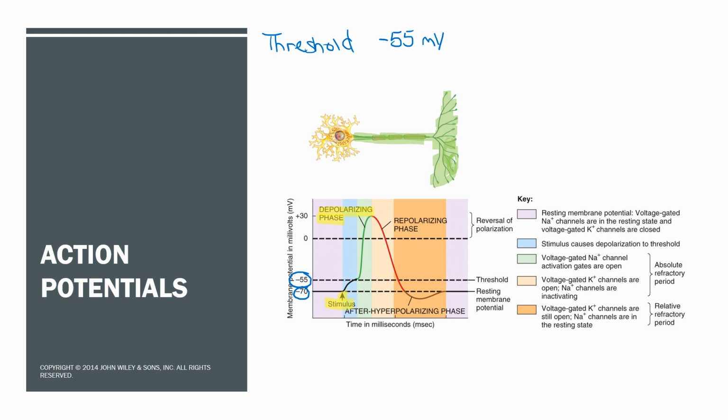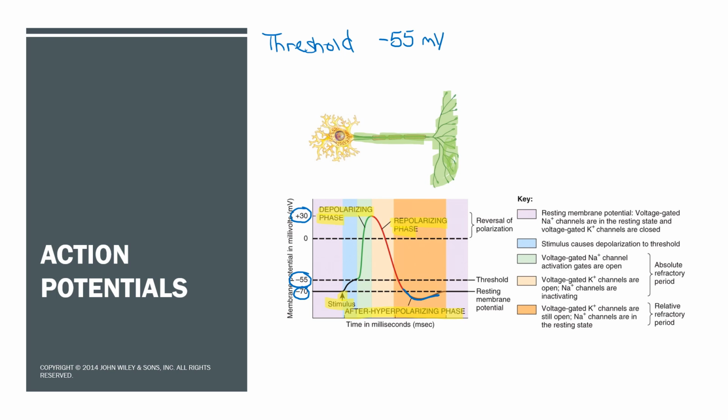Once the membrane reaches about positive 30 millivolts, it starts the repolarizing phase. Following this phase, we have an after hyperpolarizing phase, when the membrane potential temporarily becomes a little bit more negative than its resting potential.